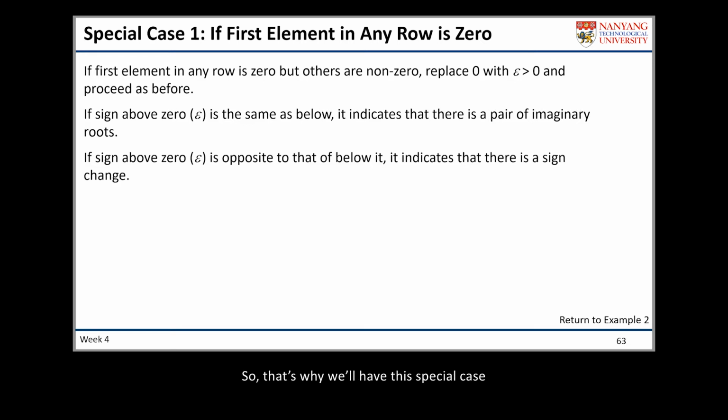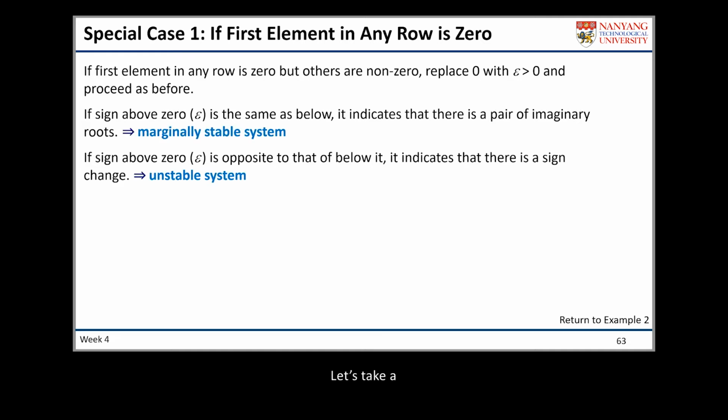So that's why we have this special case. And for this special case, there is a technique to solve it. The conclusion, if you have this special case, will only be either an unstable system or a marginally stable system.